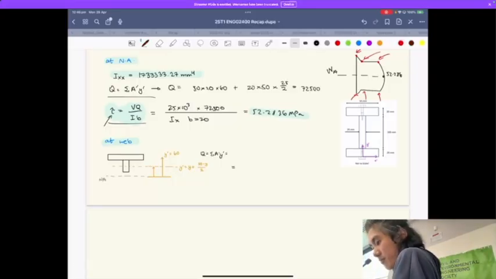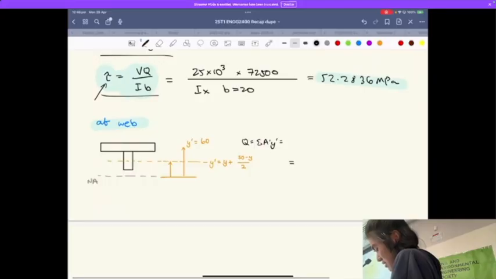Essentially, you're only considering the shear in the web. If you're considering the shear in the web, then you're taking this part to be completely static, and you're moving your y throughout the web.